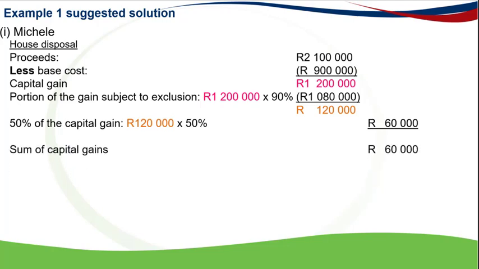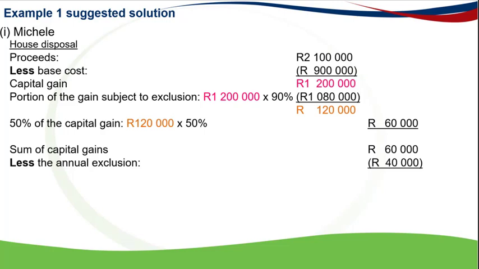Michelle only had one disposal, and therefore the capital gain of 60,000 will also constitute the sum of the capital gains. The next step would be to reduce the capital gain or the capital loss by the annual exclusion, which is currently 40,000.